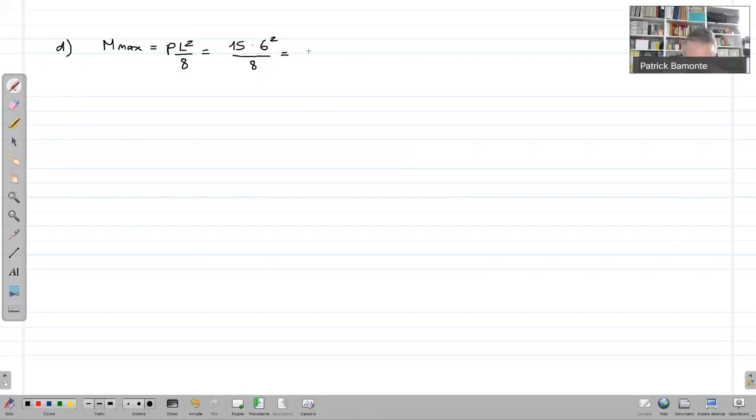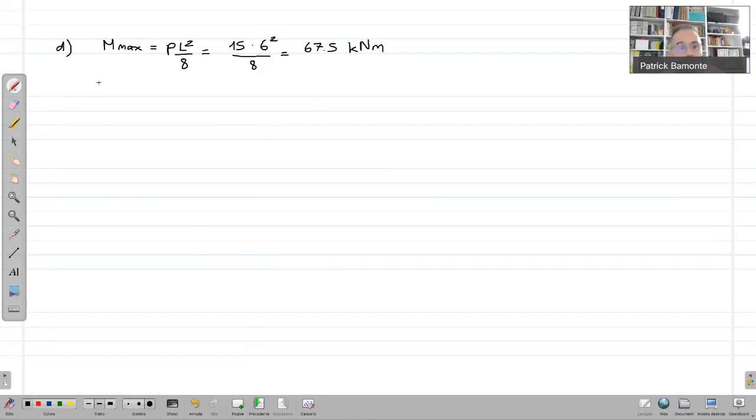I know the value by heart because I read all your written exams, but I will recalculate it. It's 67.5. Units of measure: kilonewton per meter times meters to the power of 2, so the unit is kilonewton meter.